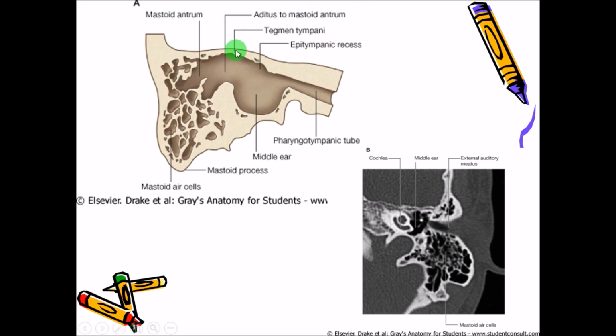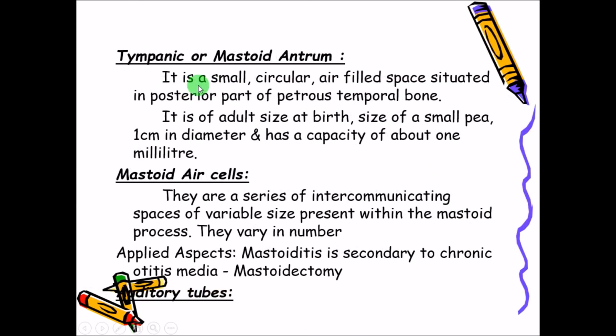If it becomes chronic otitis media, then it might lead to transmission of this infection into the mastoid air cells as well as the mastoid antrum, and that condition is called mastoiditis. The treatment is mastoidectomy. If that infection cannot be treated with high-dose antibiotics, then we have to cut and remove that mastoid process. That is called mastoidectomy. So this is the importance of the mastoid air cells as well as the mastoid antrum.